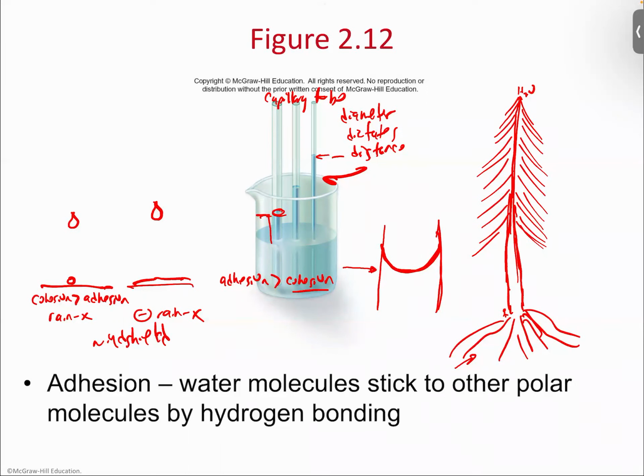Well, this diameter here is a visible diameter. We can get a little bit of rise on it. This diameter here is microscopic, so you can imagine how high the rise would be. These little tracheids are making use of capillary action, sucking water up through the roots and all the way up to the crown of the tree.